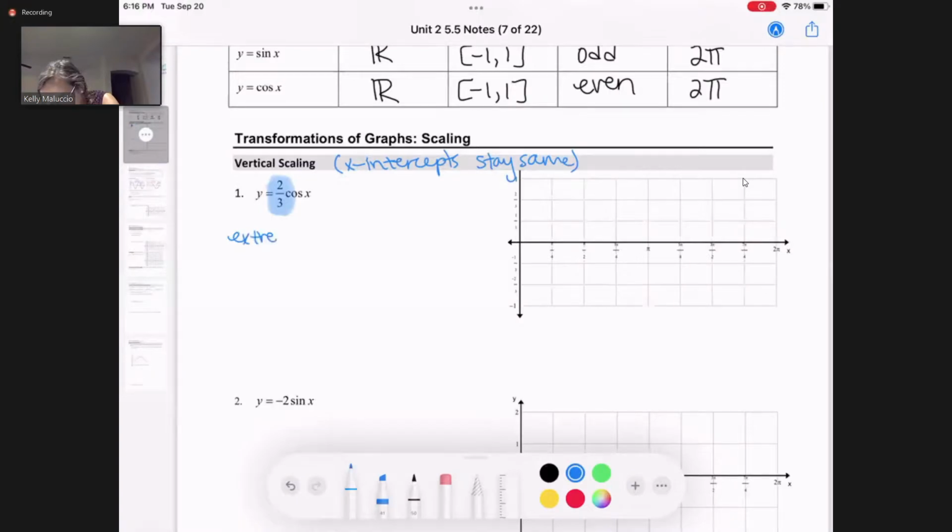So what's going to happen is the extremes are going to be at plus and minus 2/3 instead of plus and minus 1, right? And this is for y equals cosine x, if I had no 2/3 there.